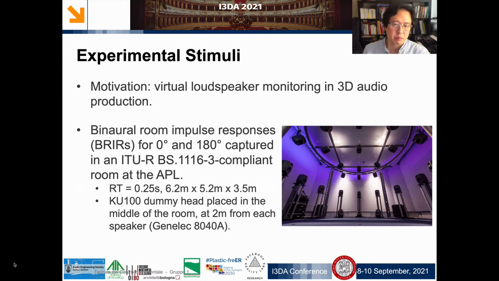We used binaural room impulse responses for 0 degrees and 180 degrees, directly in front of and behind the listener, captured in an ITU-R BS.1116 compliant room. You see this photo here. The reverb time was 0.25 seconds. We used a KU100 dummy head microphone placed in the middle of the room, 2 meters from each speaker.